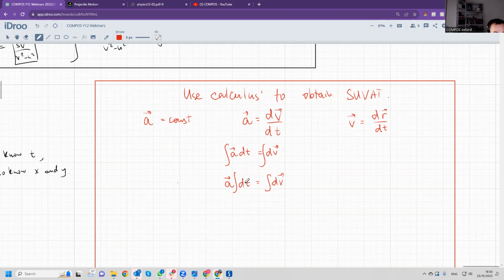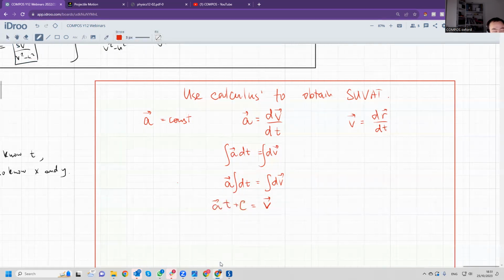The integral of dt is t, so at equals v. Now I'm supposed to write plus c here. It doesn't matter where I add the plus c, so I'm going to add it here.